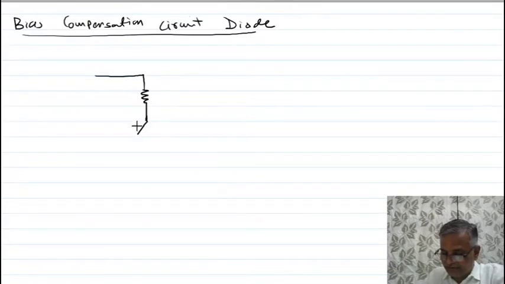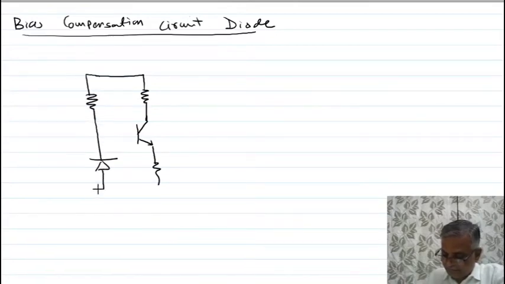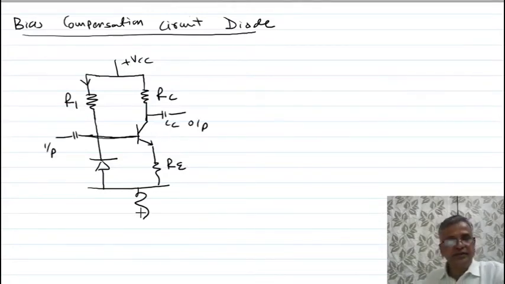The circuit diagram of a bias compensation circuit: using a diode you can stabilize the collector current. So here in this circuit the diode is connected in reverse bias between the base and ground.